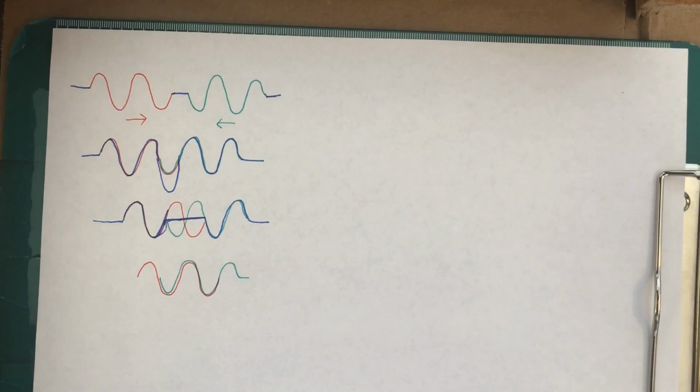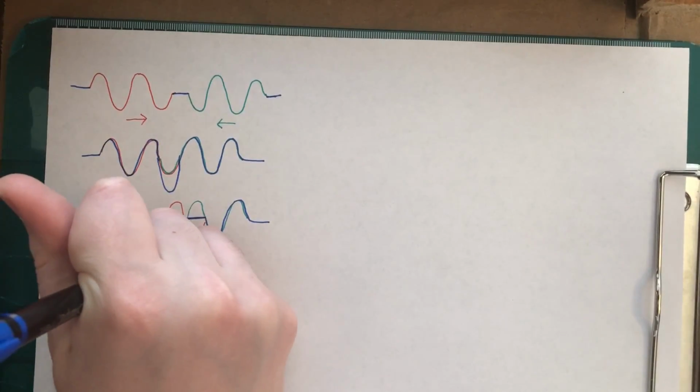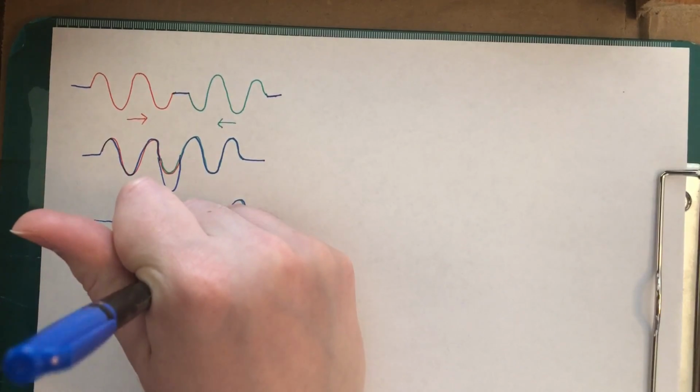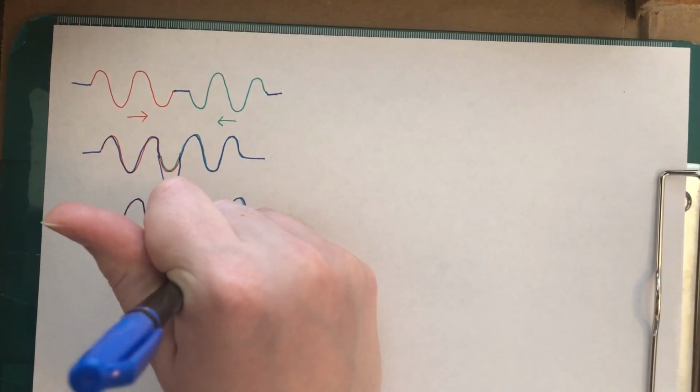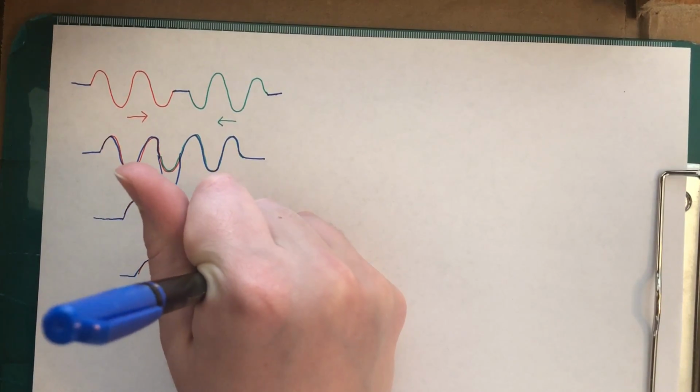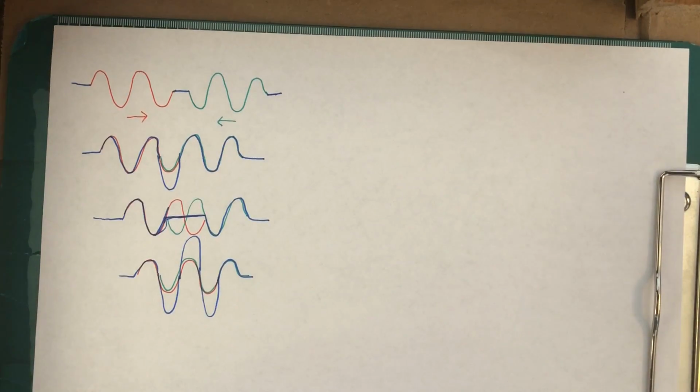So now I have this combination, I have this combination, I have this combination, and then it's continuing from there. So now I have more of the wave where they are overlapping, causing a result to be really big.